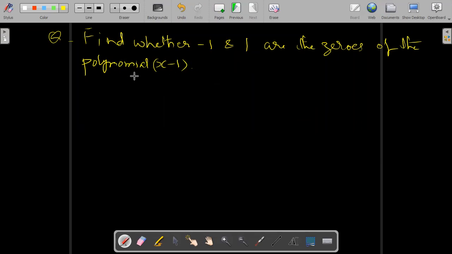So what we will do: we have been given the polynomial p(x) as x minus 1, and we have to check x is equal to -1 and x is equal to 1. Both we have to check.